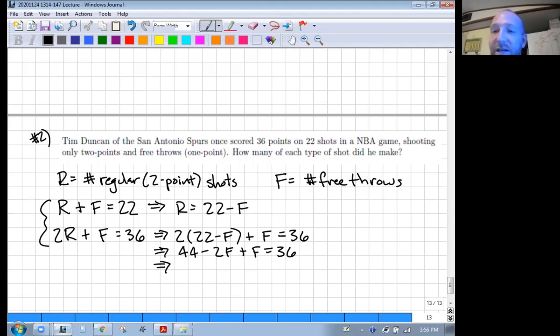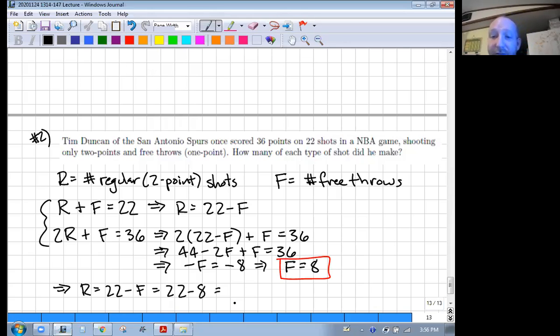Negative 2F plus F is a negative F. 36 minus 44 would be negative 8. So F is 8. Since we know F is 8 and R is 22 minus F, 22 minus 8 is 14.